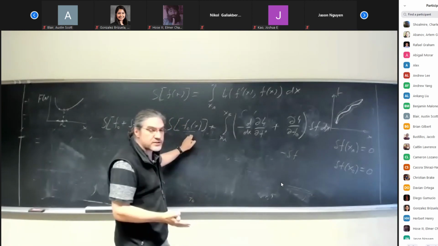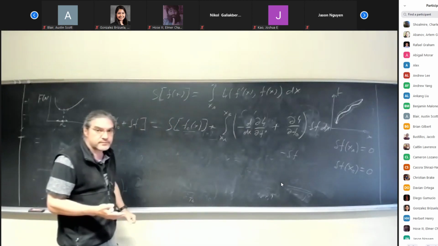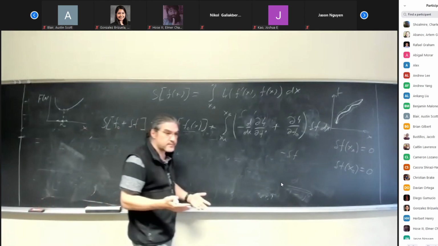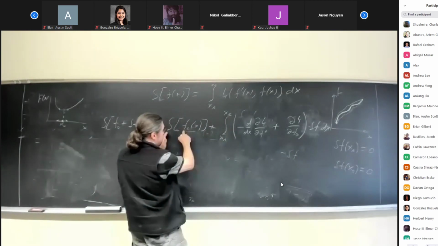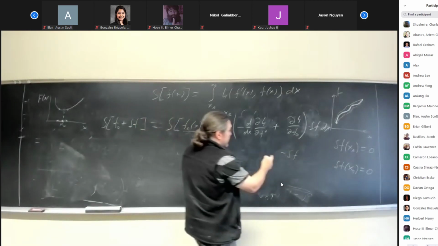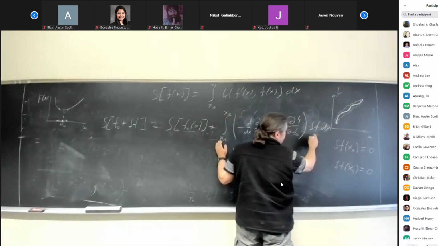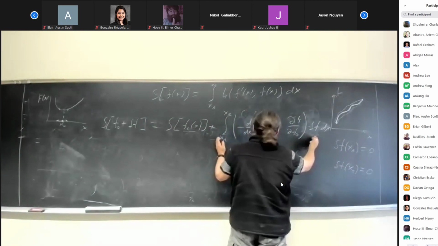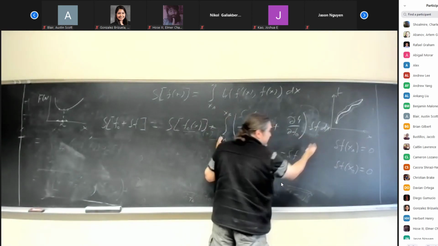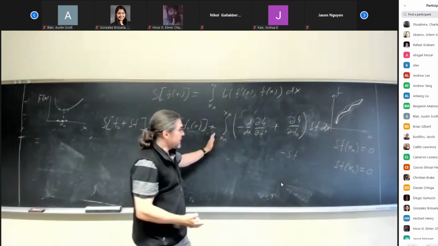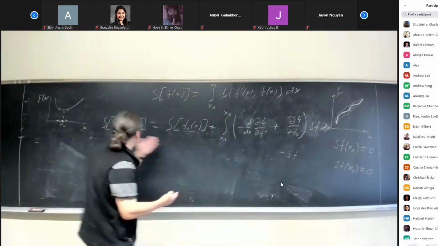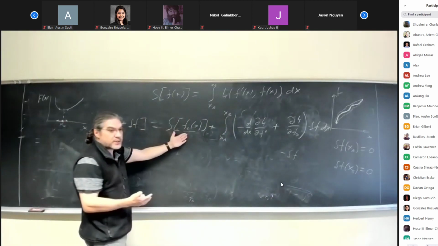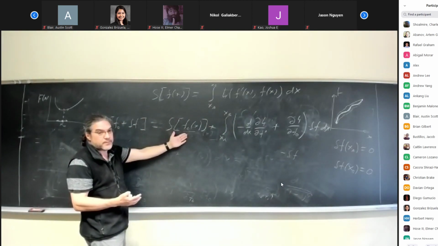I cannot go lower than the minimum. So when I shift by delta f just a little bit, that's the change of the value of the functional, and that change must be positive, so that the functional is larger than the original one. Right?